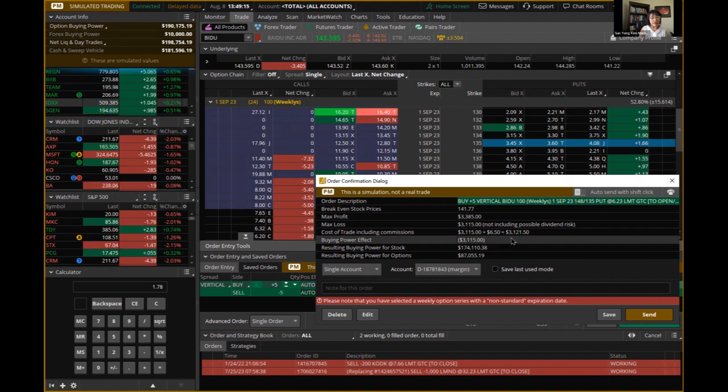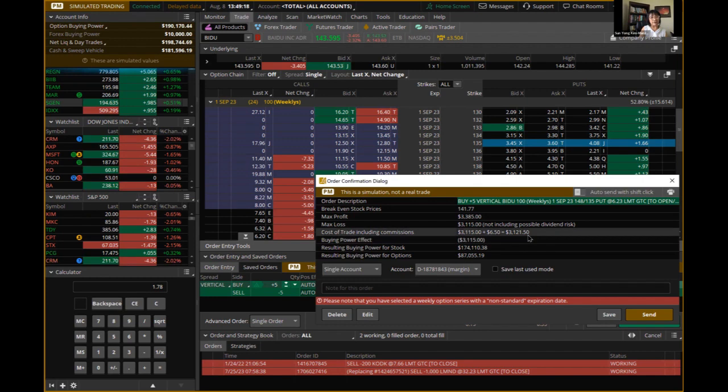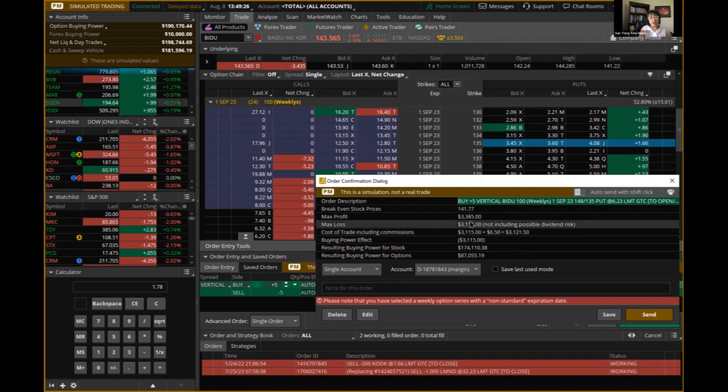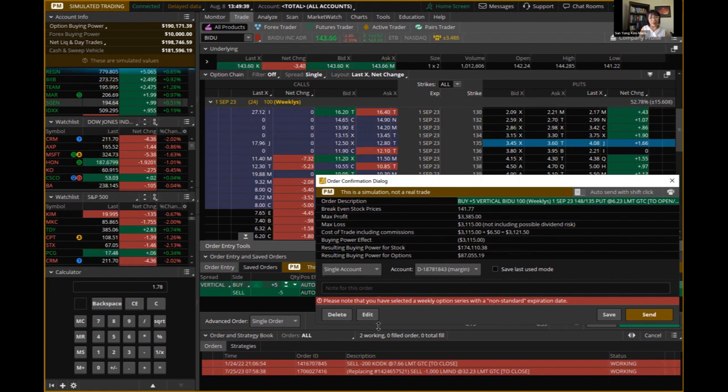But if you take the same amount of $3,121.50, which is the cost of the trade with commission, and hope to make 3,385 anywhere between 1 to 24 days, we have to take a risk. If I didn't take a risk, I wouldn't be where I am right now.